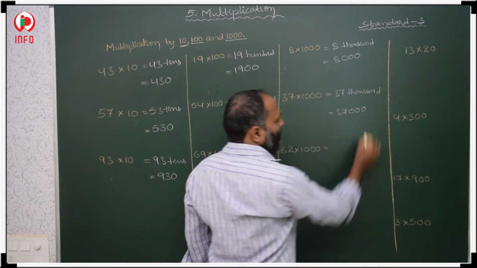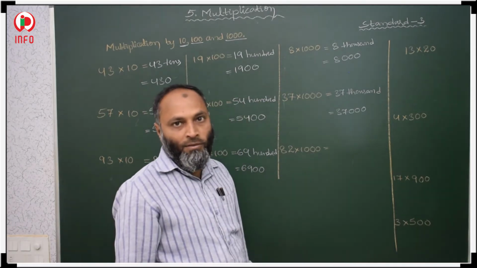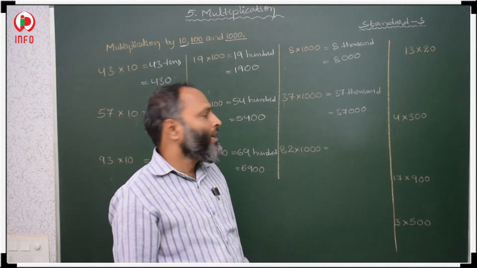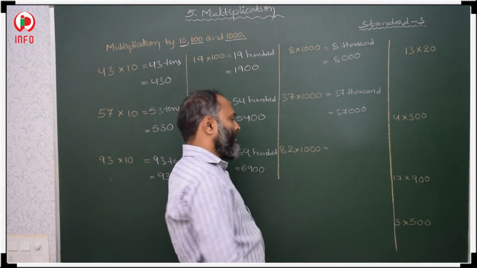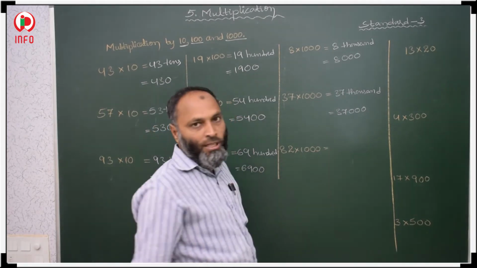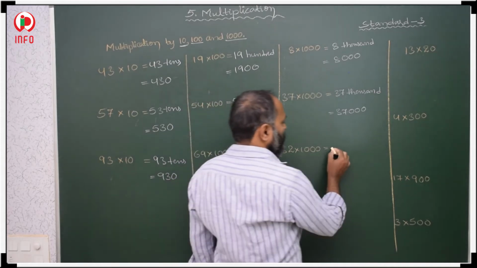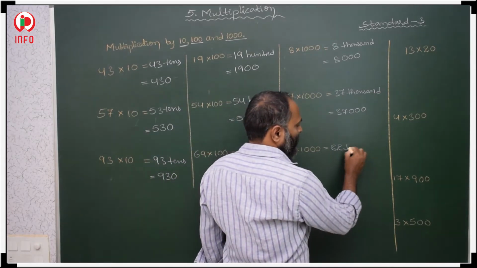In 1000 we have 3 zeros, and those 3 zeros we have to keep in ones, tens and hundreds place. 82 into 1000 is 82,000.